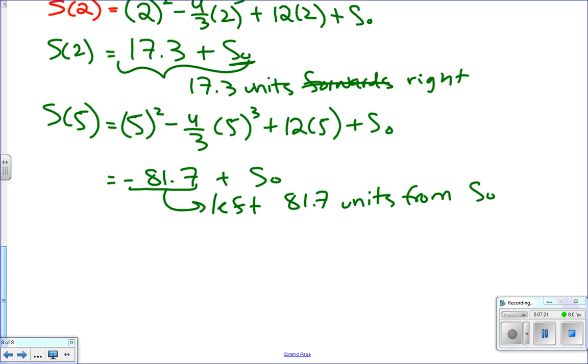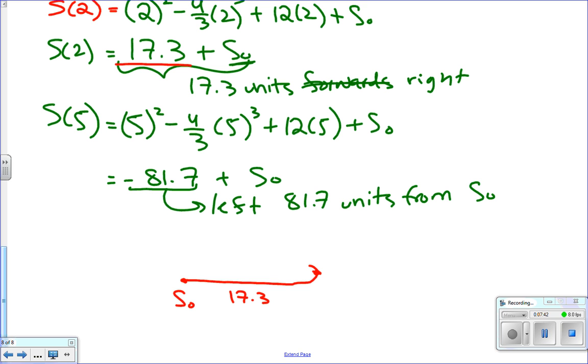Okay, so if I actually draw a diagram here, I'll show you what's happening here. So here's s naught. Here's my initial position. After 2 seconds, I'm going to be 17.3 units to the right. So if I draw this, that's 17.3 units.